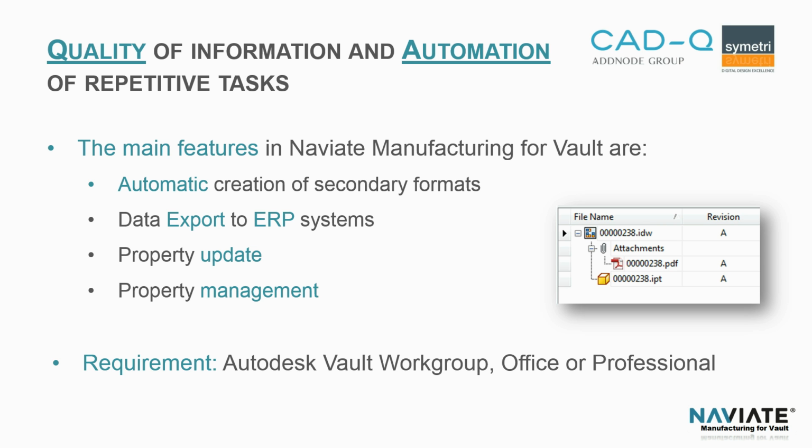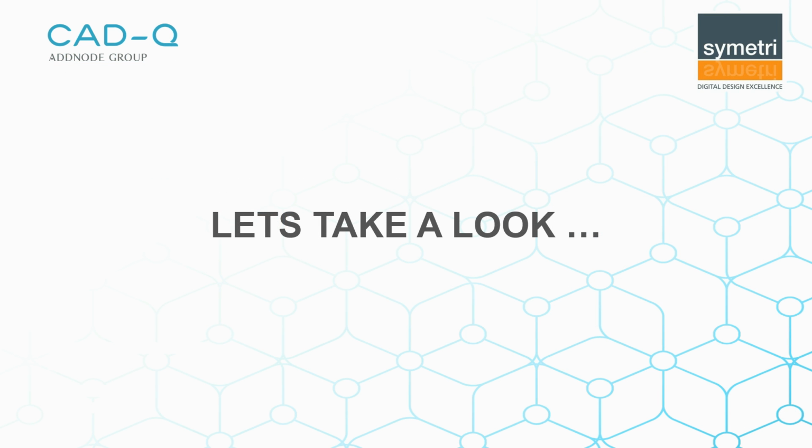Now, the export of BOMs to these systems comes from Inventor rather than coming from Vault items. So using Naviate, we don't need to use Vault items. In this example, though, we're looking at site-specific drawings. So we're going to be looking at that first point there, automatic creation of secondary file formats. So let's take a look at how it could work.